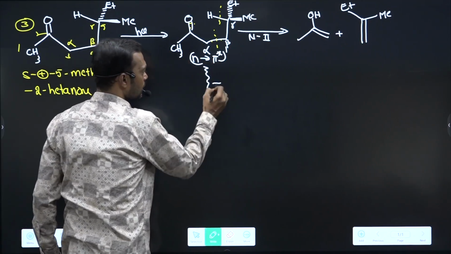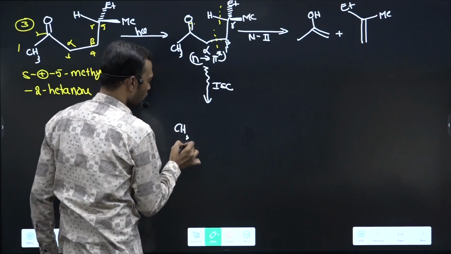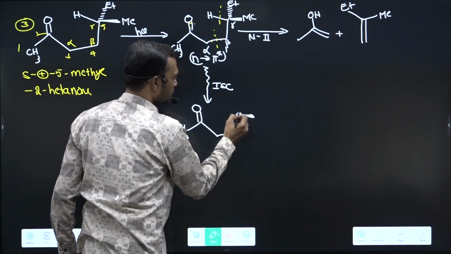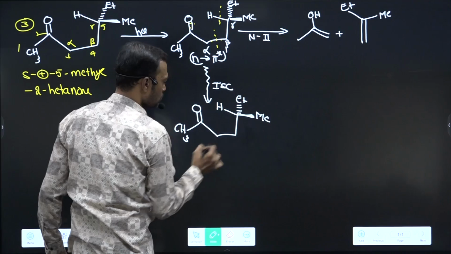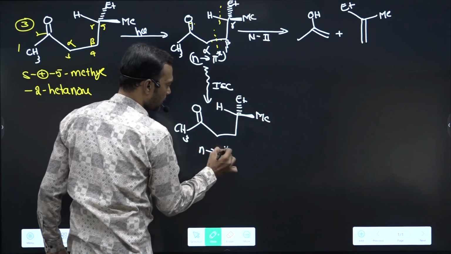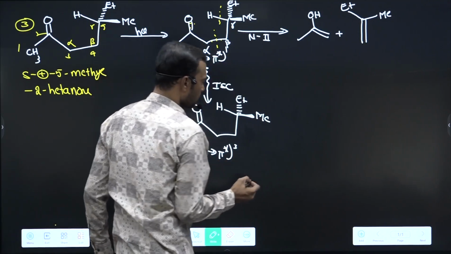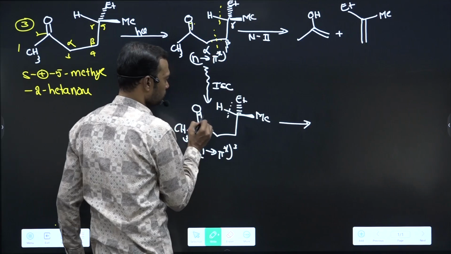From here, I am converting by intersystem crossing. When you go for intersystem crossing, what will you expect? Now this is methyl and this is ethyl, and here I am writing hydrogen. So now I am writing the n-π* triplet. After getting the n-π* triplet, hydrogen transfer takes place from here to here.